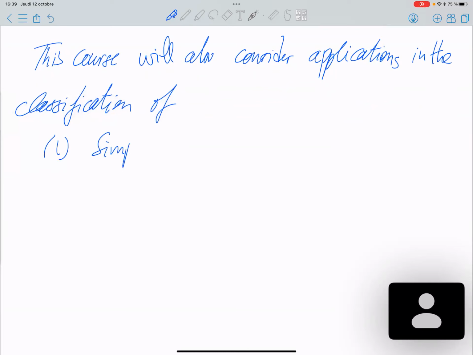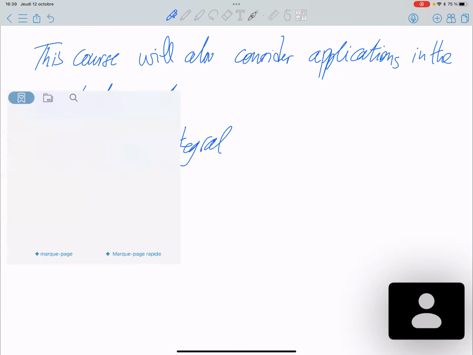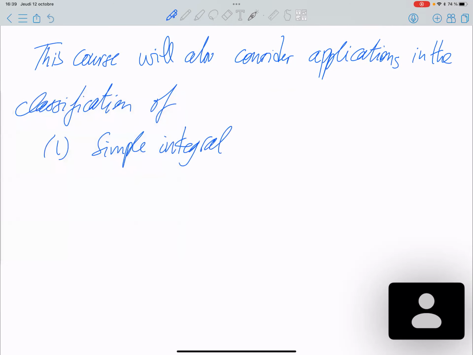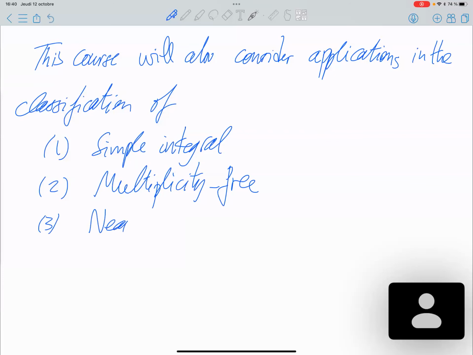Simple integral fusion category, in fact, unitary, but we'll explain the details later. Multiplicity-free, so the fusion coefficient, which I will explain after that, should be 0 or 1. Another kind, near group.